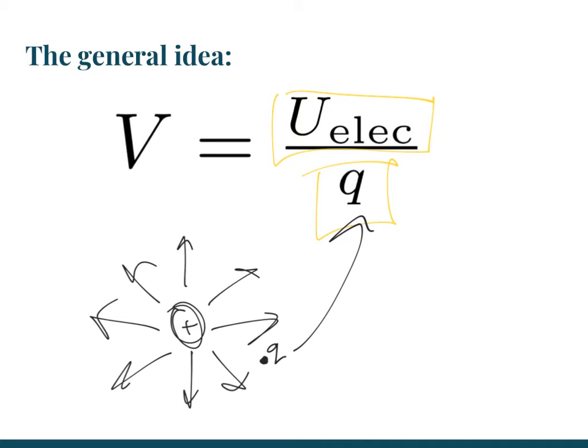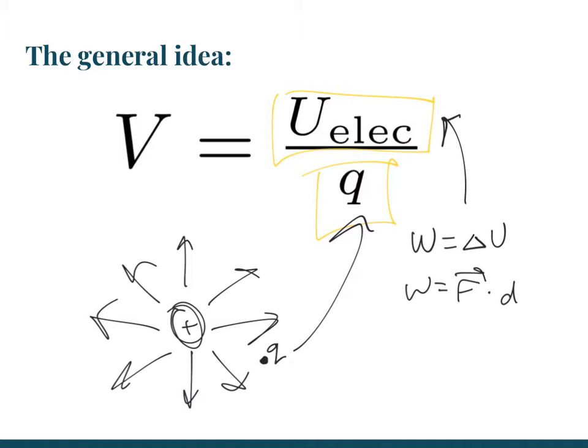So to find potential, we have to know the potential energy, and to find the potential energy, we have to find the work done on the particle to move it there. So work is change in potential energy, and we can calculate that in some scenarios because work is also equal to force times the distance, which is sometimes a straightforward calculation, sometimes it's not.